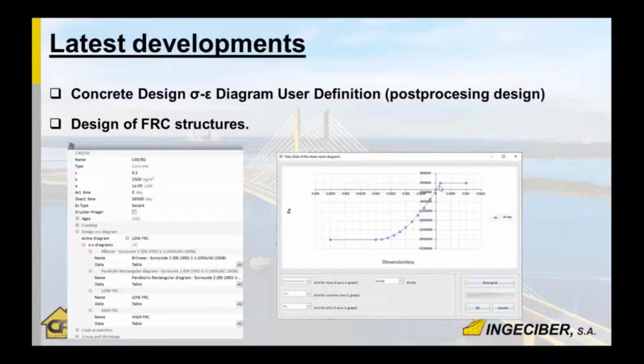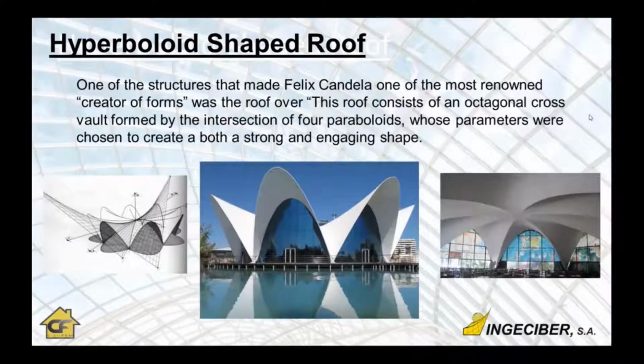We can give some remaining stiffness for tension. And we can use these laws for designing, to calculate if any structure could need extra reinforcement, apart from the fiber reinforcement. Now we are going to see the applicability of this new tool with an example.